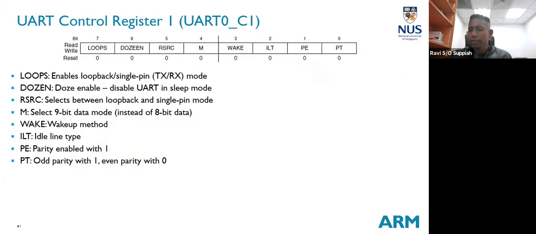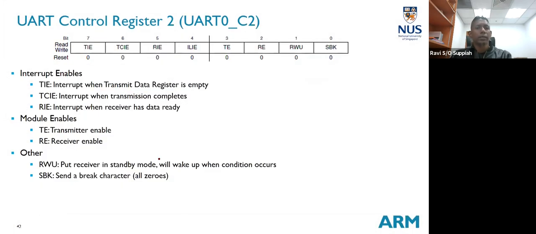The rest of these are the UART control registers. For these UART control registers, we don't need to worry about everything here except whether we want to use parity. You can use it, but it's optional. The other one that is more important is this, which is the interrupts.